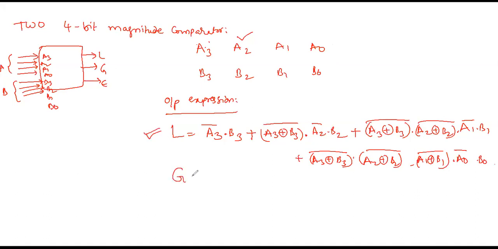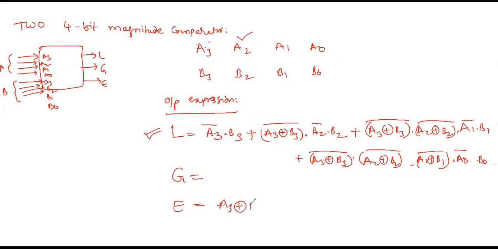Write the greater than expression on your own. Just keep the bar on B3. That's all, you will get the expression. A3 B3 bar plus A3 XNOR B3 into A2 B2 bar, like that, and you write the remaining. For equal, A3 is equal to B3, A2 is equal to B2, A1 is equal to B1, A0 is equal to B0. Equal means XNOR.